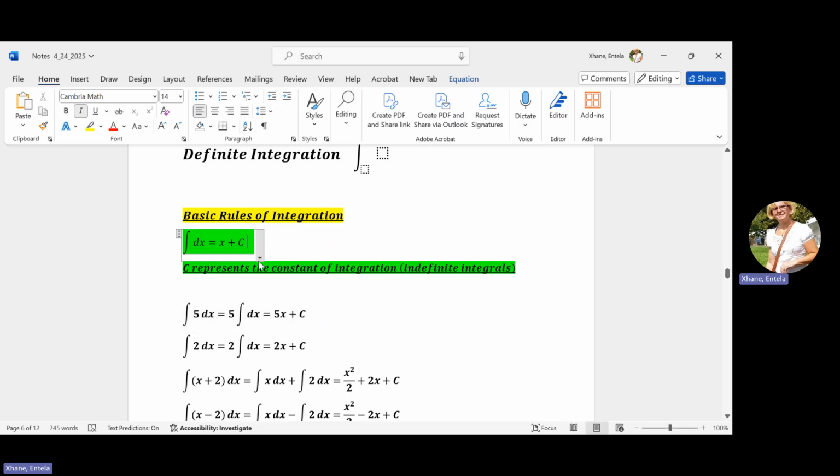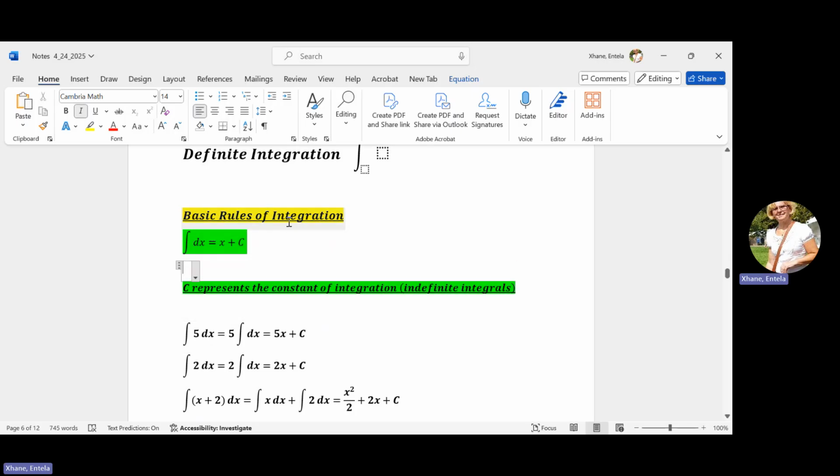Another important basic rule of integration is known as the coefficient rule.